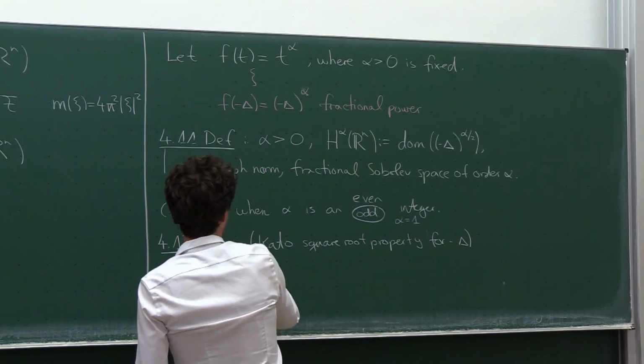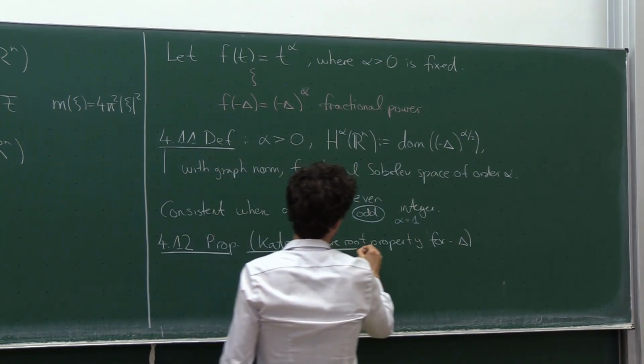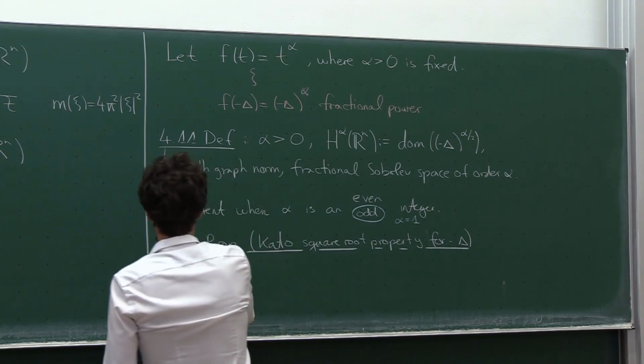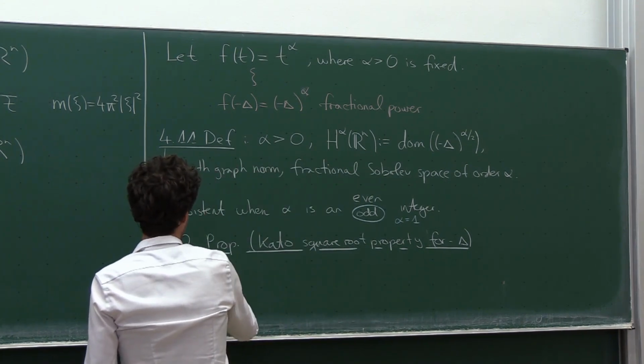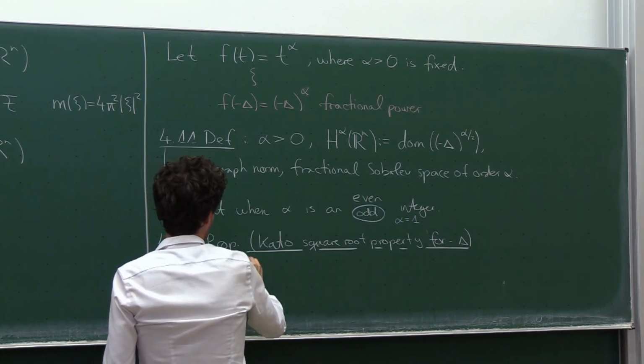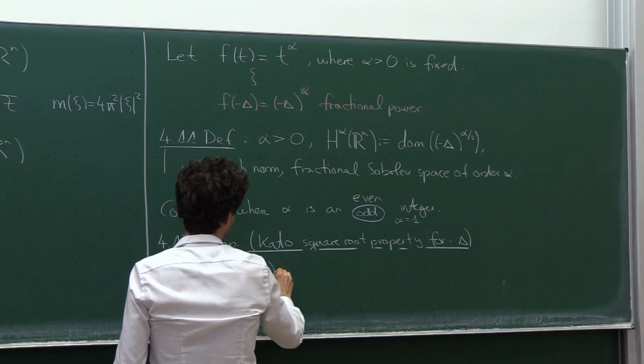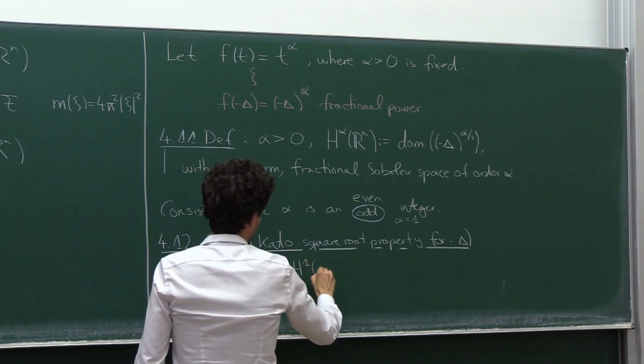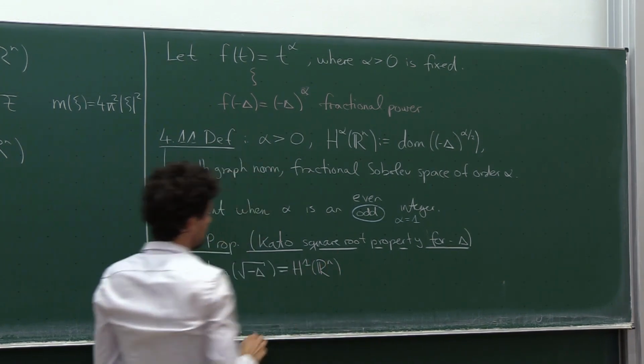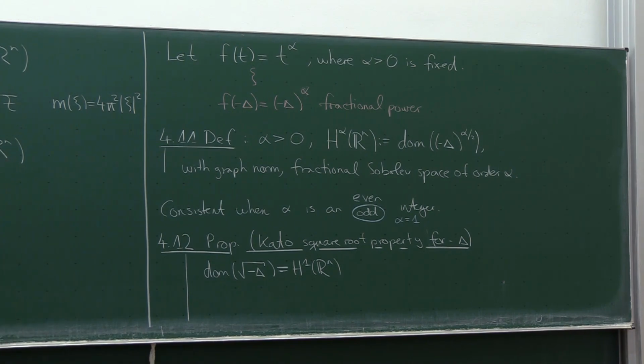And now what does this square root property say? Well, it says that the domain of the square root of the negative Laplacian is equal to H1. I already explained to you that this is going to be true.